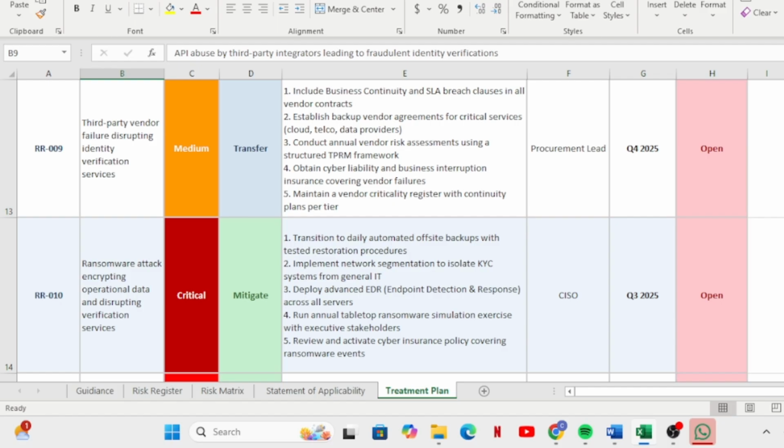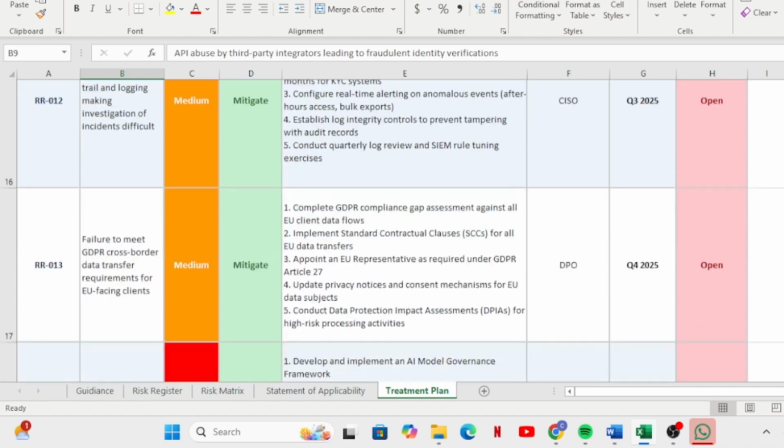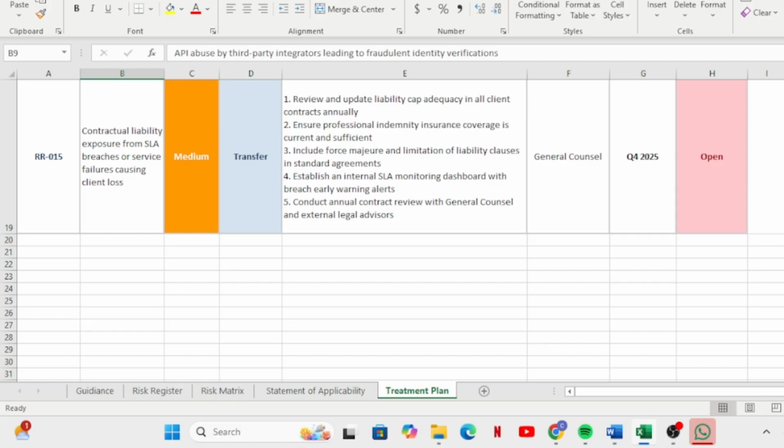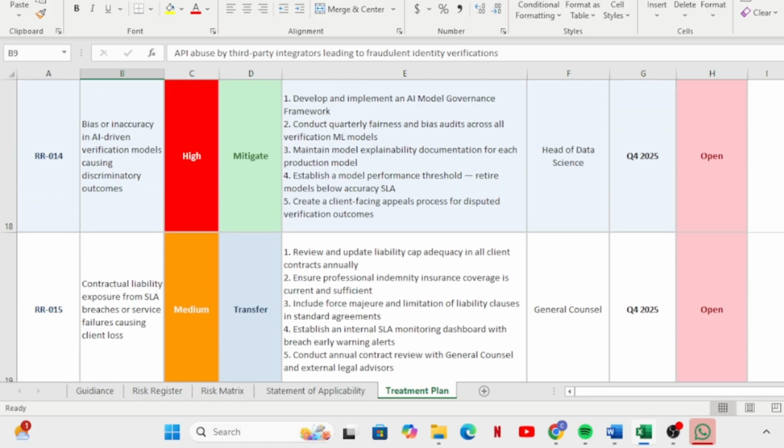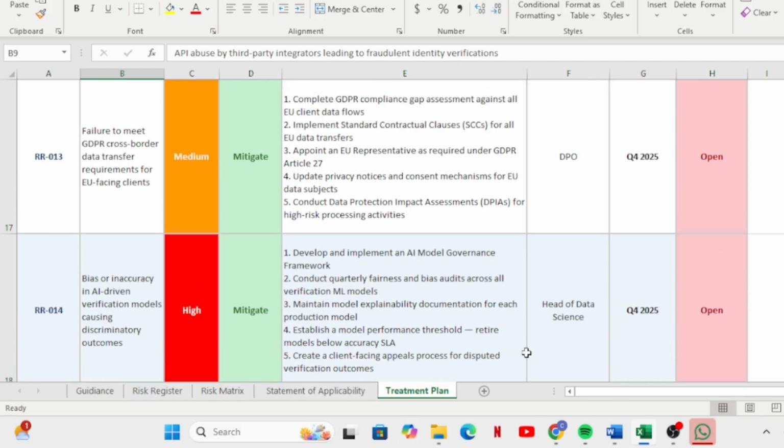Because you know the four options of treatment plans are either you avoid, accept, mitigate, or transfer. So we need to keep that in mind. So yeah, this is it for the risk assessment.